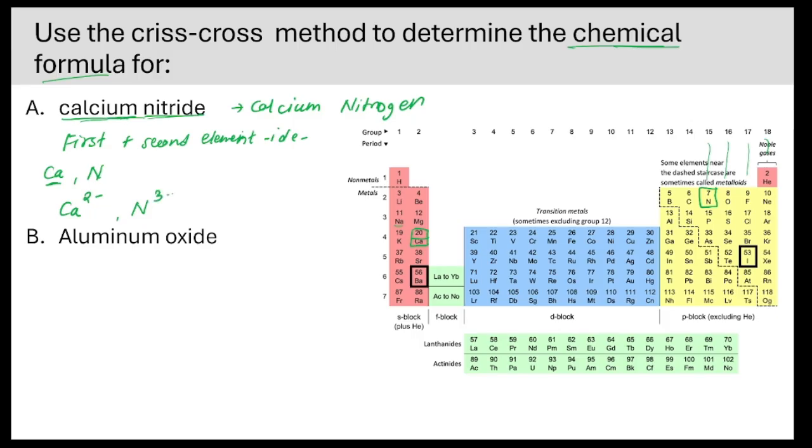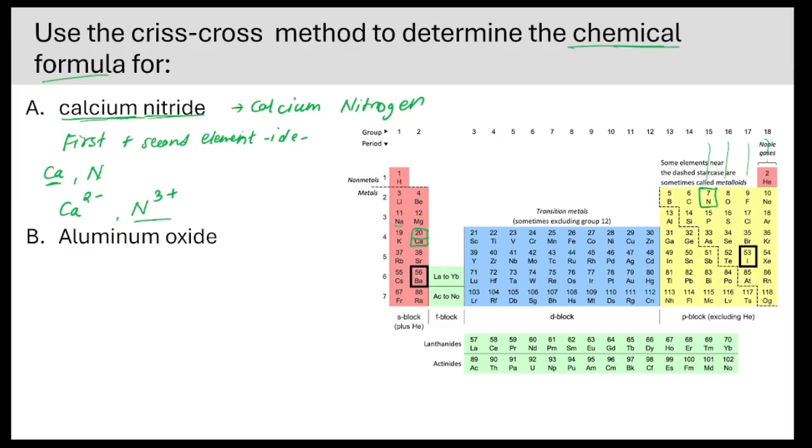So it is easier to gain 3 electrons, because there are 5 electrons in the valence shell, resulting in a 3 minus charge.